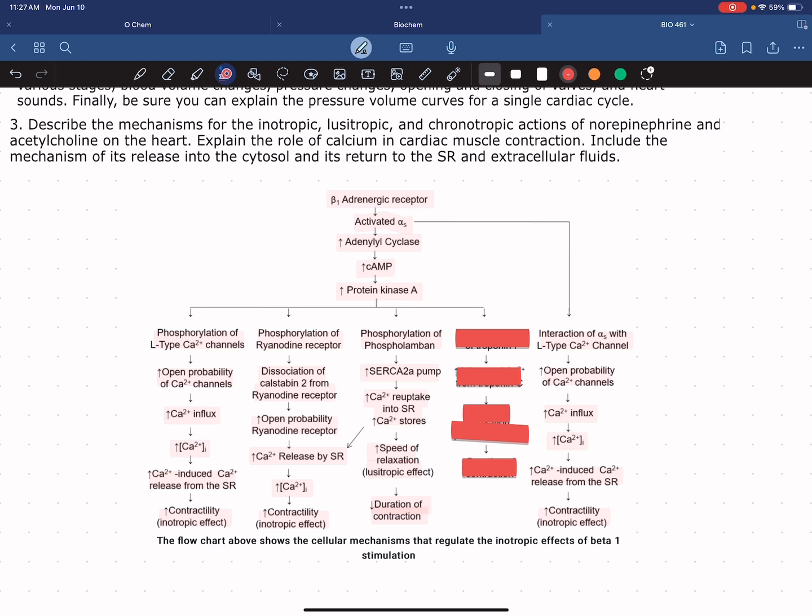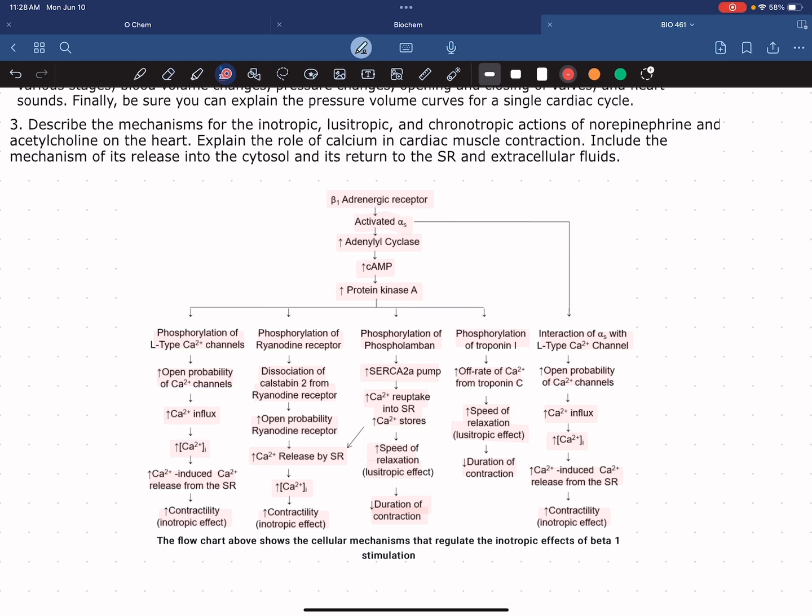After that happens, we will have a decrease in the duration of contraction. If our speed of relaxation goes up, then our duration of contraction will in turn go down. Finally, with our last pathway from protein kinase A, we have the phosphorylation of troponin I, which will cause an increased off rate of calcium from troponin C. This leads to an increased speed of relaxation, which is the lusotropic effect, and a decreased duration of contraction.